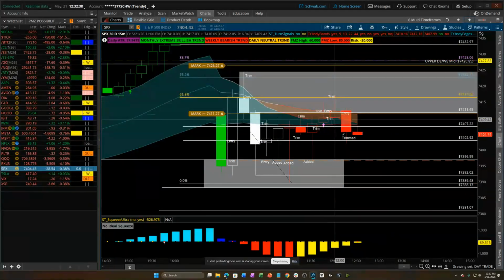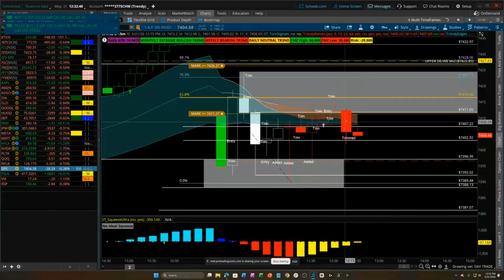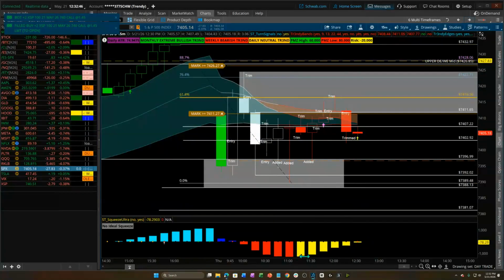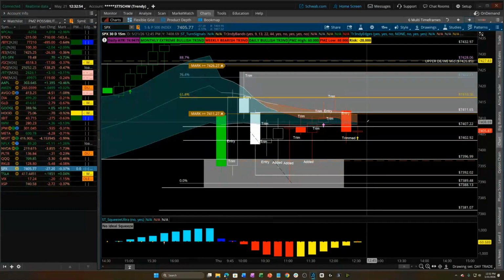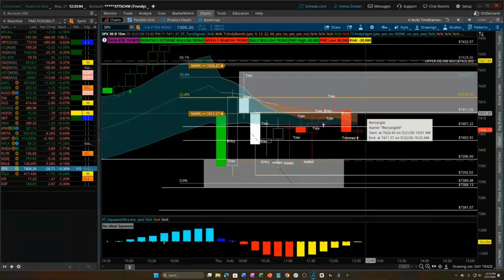Then trading downside also from that sell zone, just back and forth, adding, subtracting as price keeps moving between zones. So if you don't like to trade chop, this probably isn't your favorite day, right? But what I've learned is you just got to be good at playing both sides of the trade.